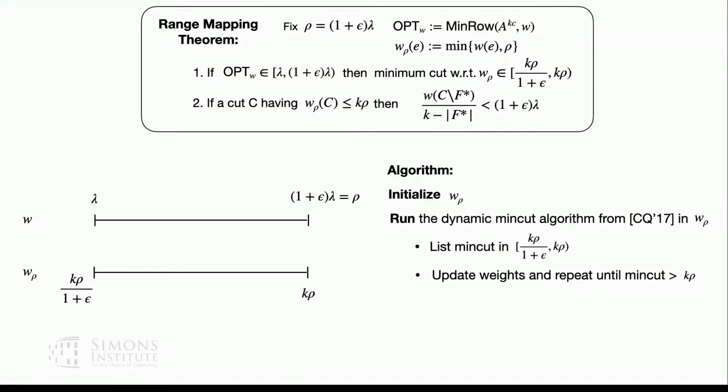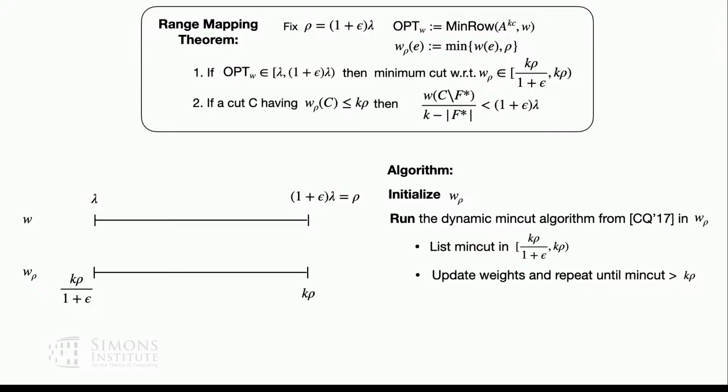We initialize the weight and the bin rho. Let's say we are at the start of the epoch, we initialize the weight of the bin rho, and then we initialize the dynamic algorithm by Chekuri and Conrad with respect to the truncated weight.